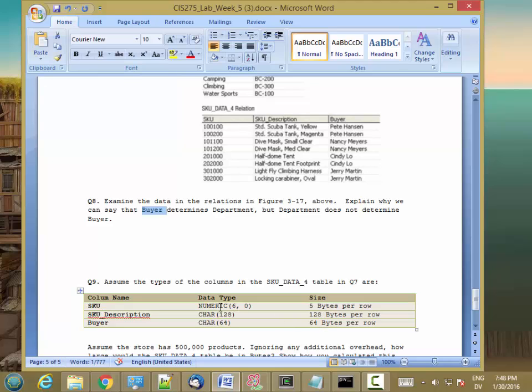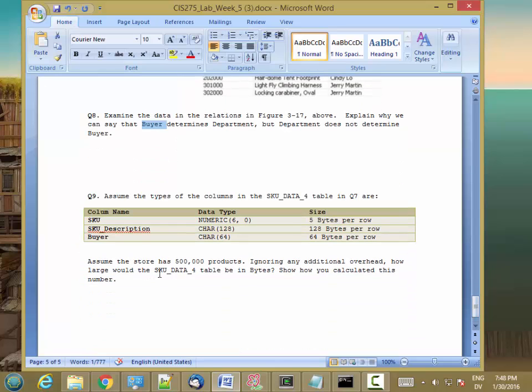So you can represent a value for a numeric 6,0 column for one row takes 5 bytes. And how much space total would the SKU Data 4 table take, given these data types, if you had 500,000 products? So it should be a pretty simple calculation.